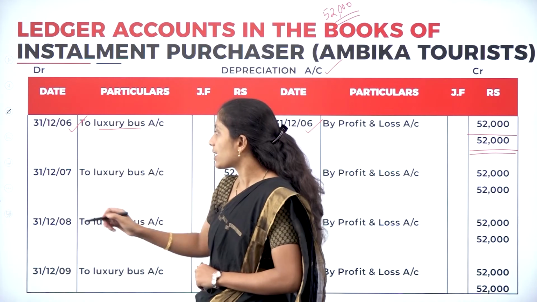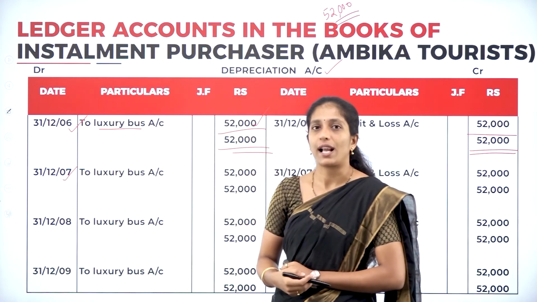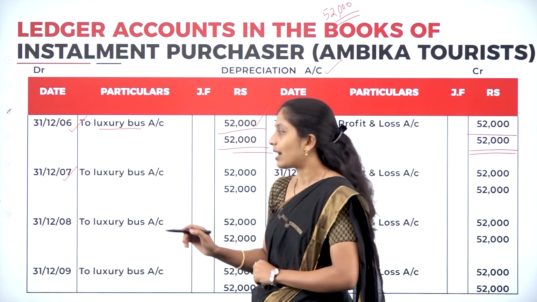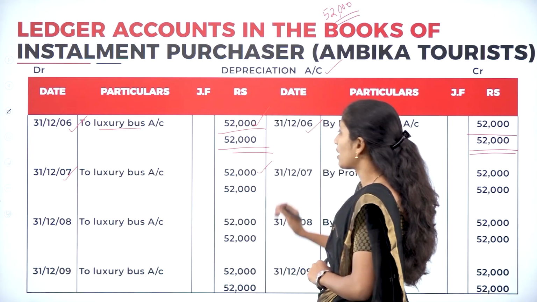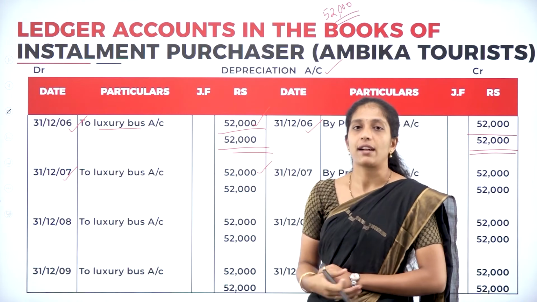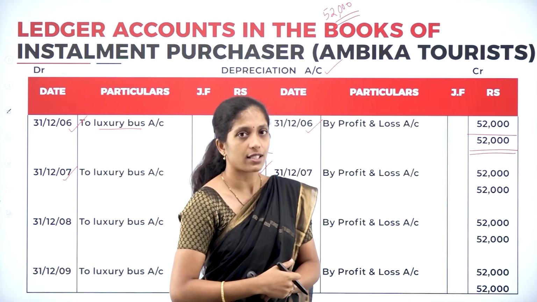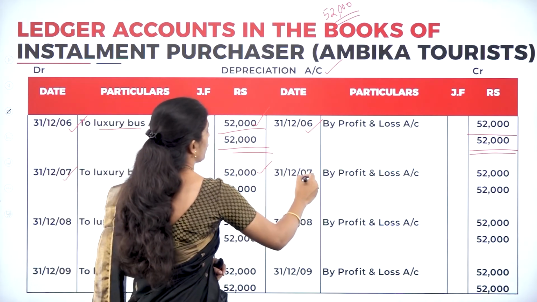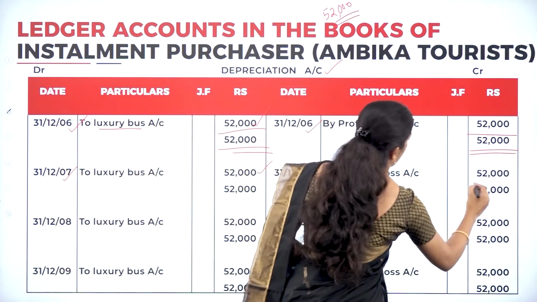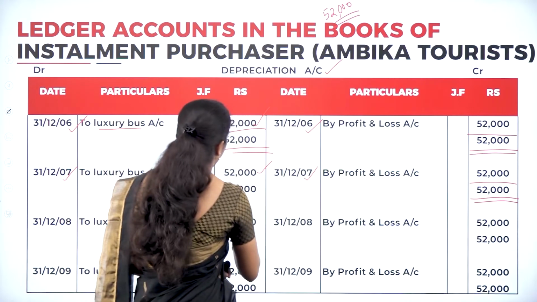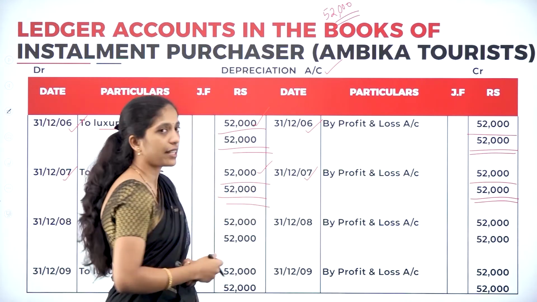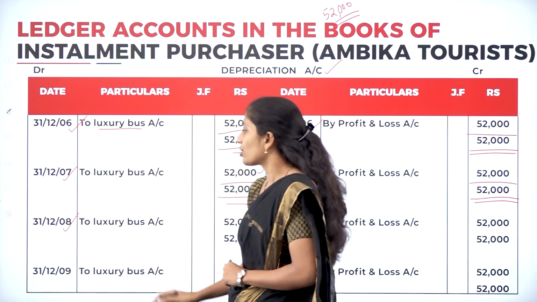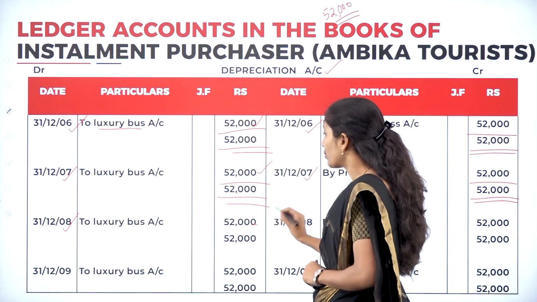The next year is 2007, 31/12/07. Depreciation account debit to luxury bus account, and your depreciation remains the same, 52,000. Now transfer that depreciation to profit and loss account. So what is the entry? By profit and loss account, 31/12/07, 52,000. In the same way, in the third year the entries remain the same. So third year, 31/12/08, to luxury bus account 52,000.